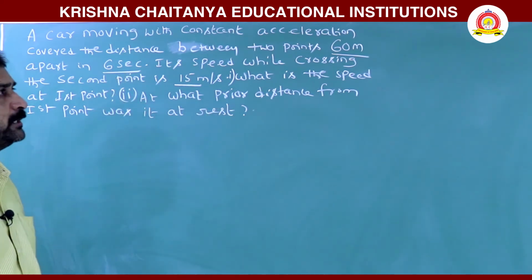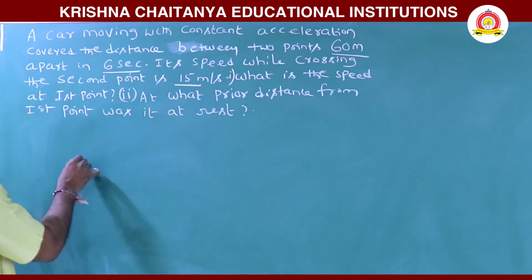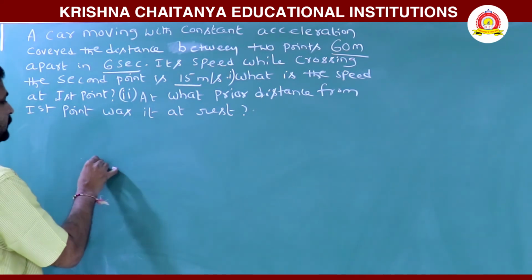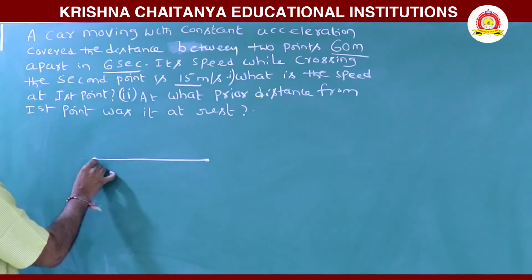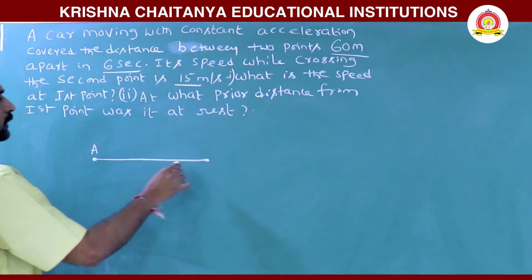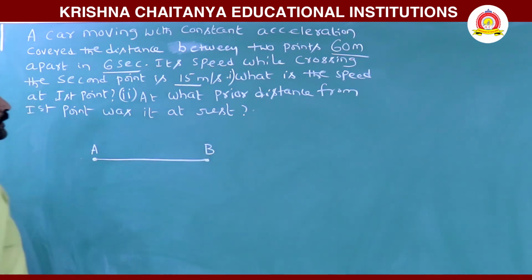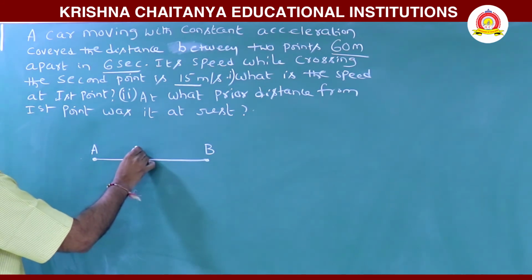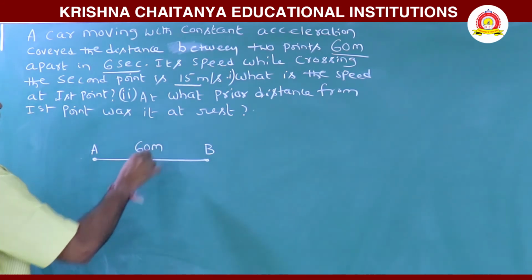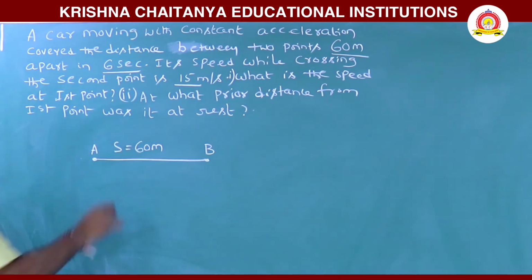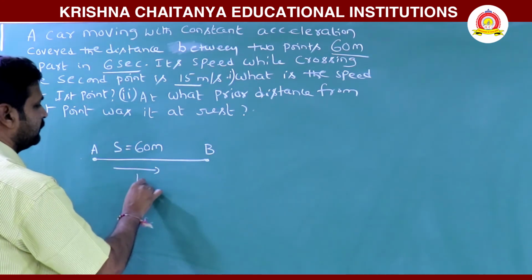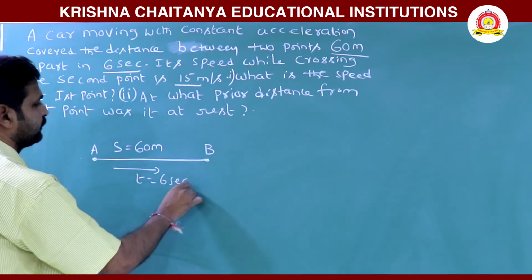So here the question asked is a car traveling from A to B, let us take. So these are the 2 points which are separated by 60 meters, let it be S. So the time taken is 6 seconds.